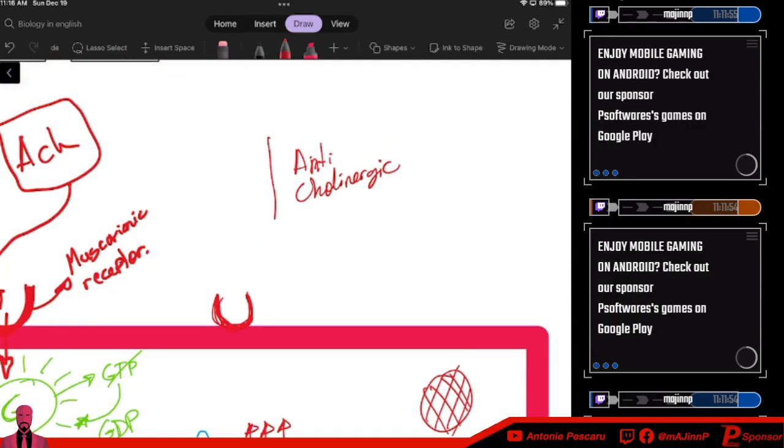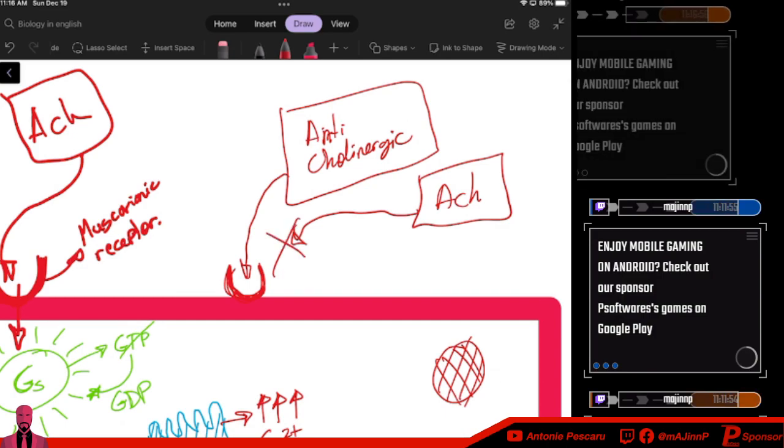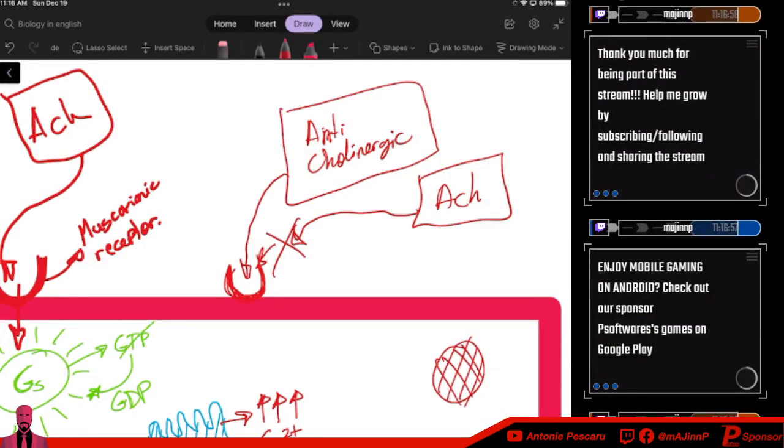So we have our anticholinergic, and we have another acetylcholine here that just got secreted. Now you got your anticholinergic, right? He just loves squatting the house, the place, the spot of our acetylcholine. So acetylcholine will not be able to go to its place because it's being squatted by our anticholinergic.